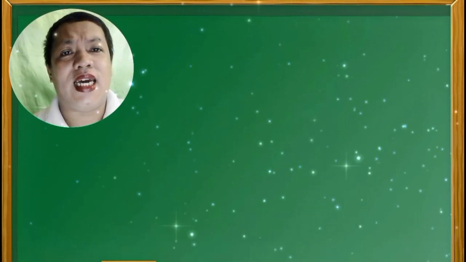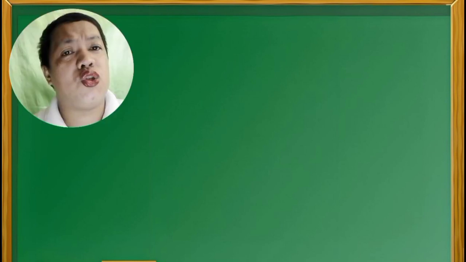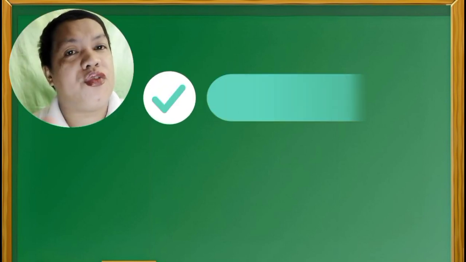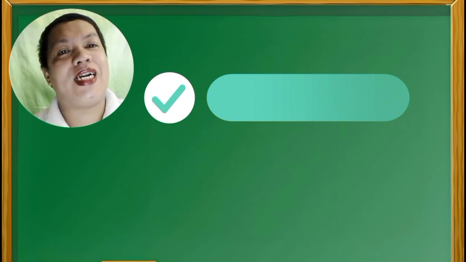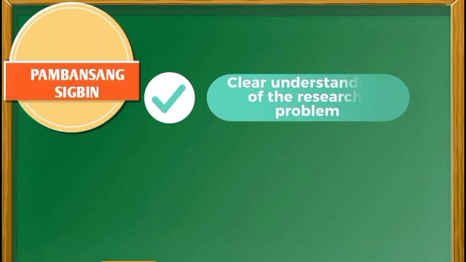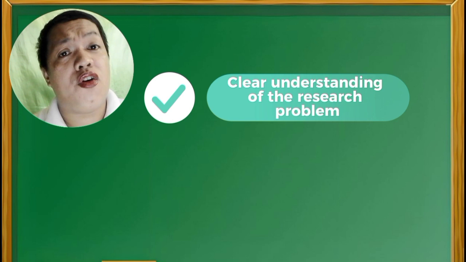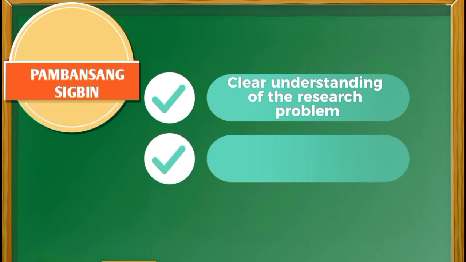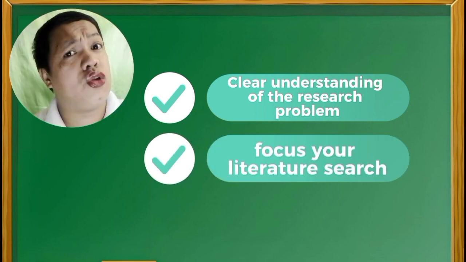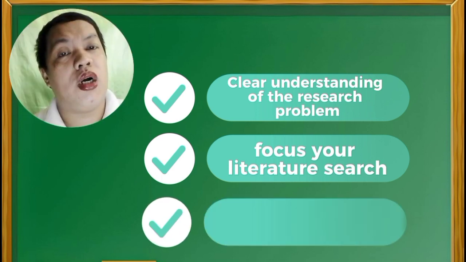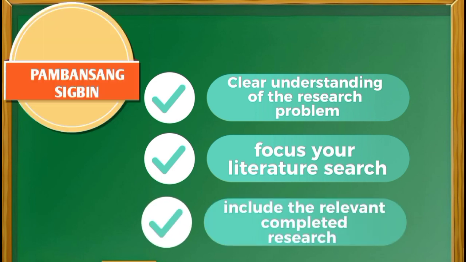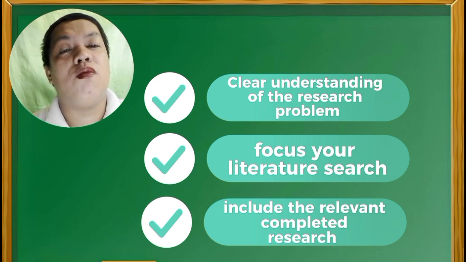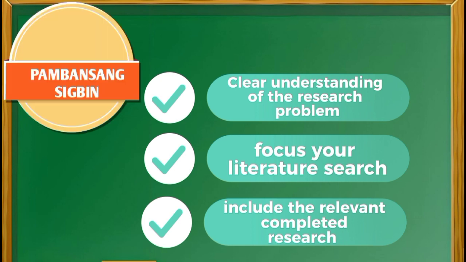Before you begin writing the RRL part of your research proposal or of your thesis proposal, you should have a clear understanding of the research problems or thesis problems that you will tackle. This will help you focus your literature search and will ensure that you will only include the very relevant completed research that you are going to cite in your RRL.